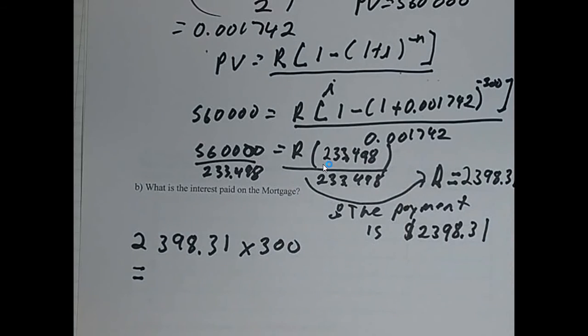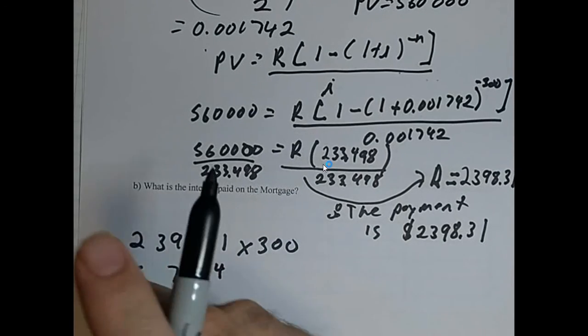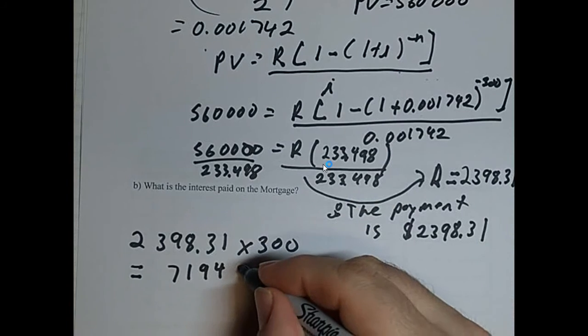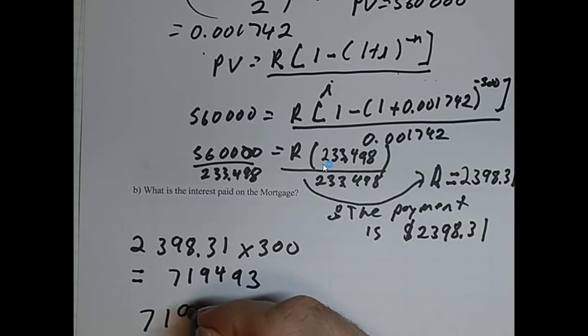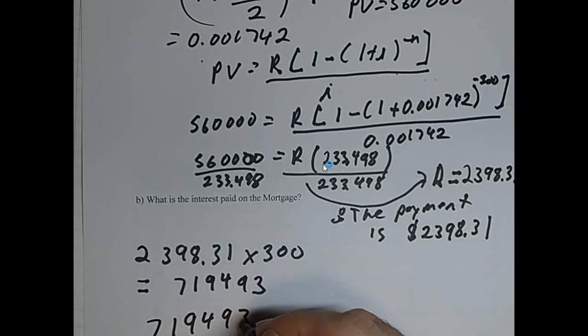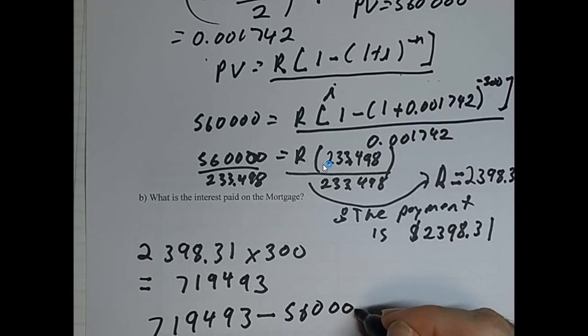So we're going to spend $719,493 on the mortgage. I'm going to subtract. We take 719,493, and our mortgage was for 560,000, and we're going to figure out how much interest was paid.